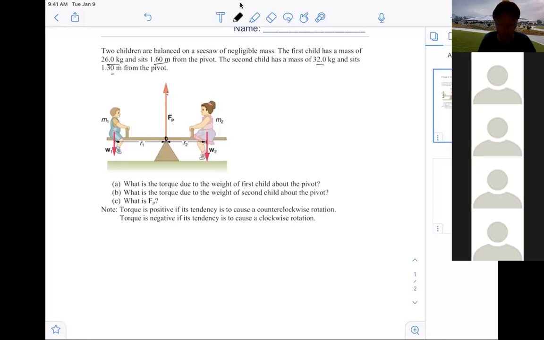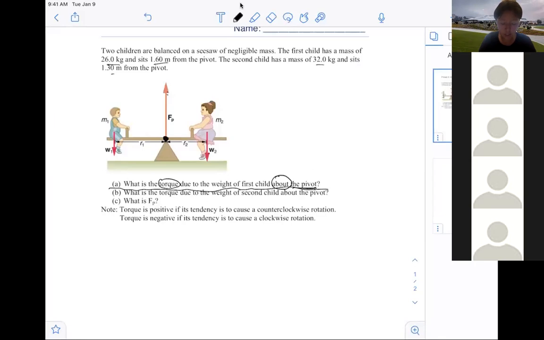All right, so first question: what is the torque due to the weight of the first child about the pivot? You can see when it's asking you about torque, it's always asking about which point. So they already picked the rotational axis for you. It's relative to this point, not relative to one end or another end.